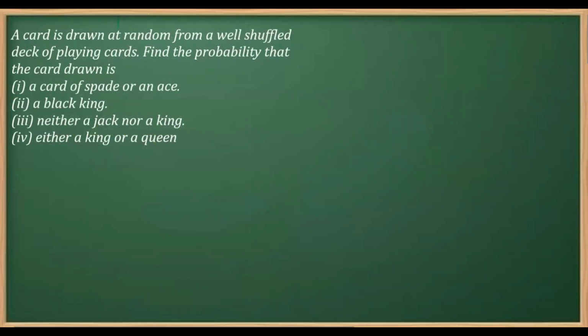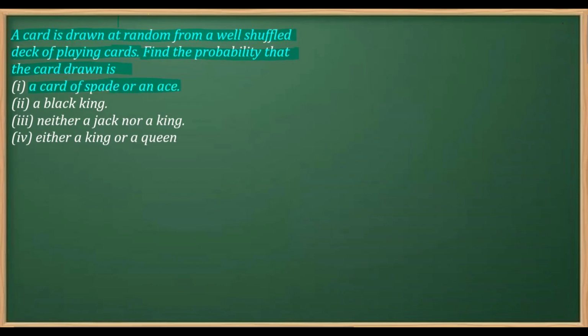Next, in this question from the chapter probability, it says a card is drawn at random from a well-shuffled deck of playing cards, so it should be the standard 52-card stack. Find the probability that the card drawn is a card of spade and ace. That's the first part.